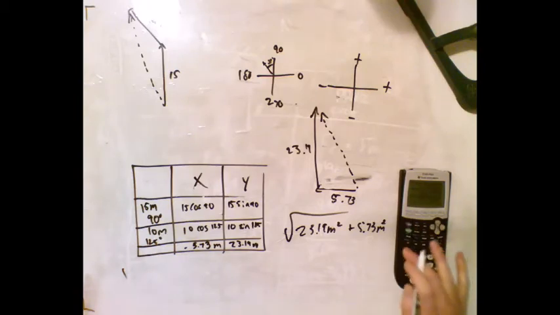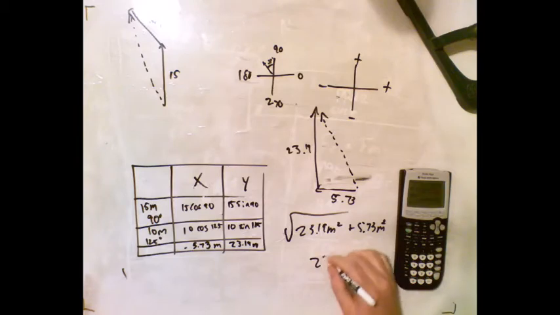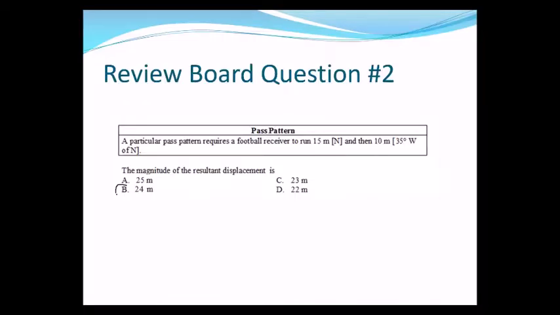And square root our answer. We should get 23.9, which means that our answer would be 24 to 266. So our answer is going to be B. Cool.